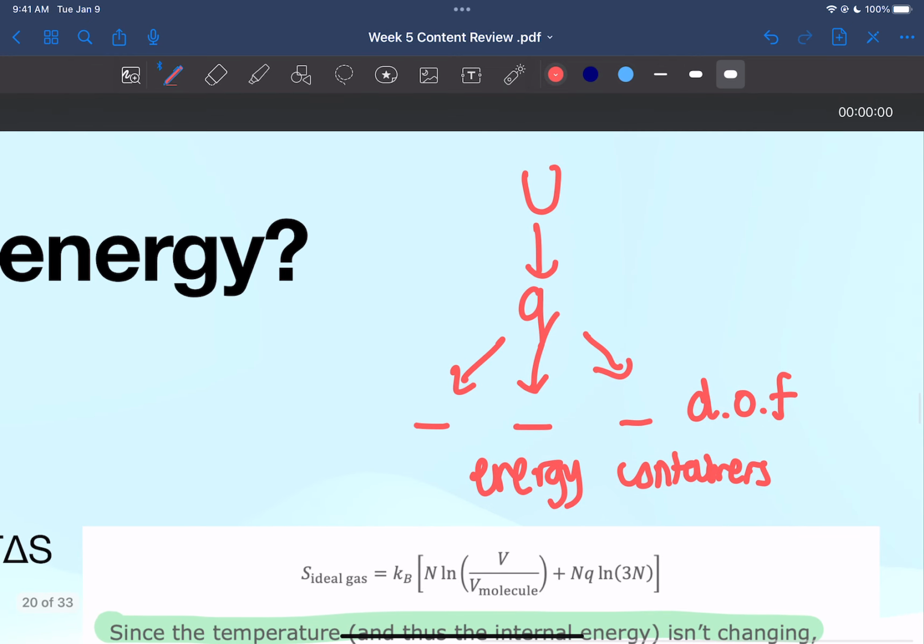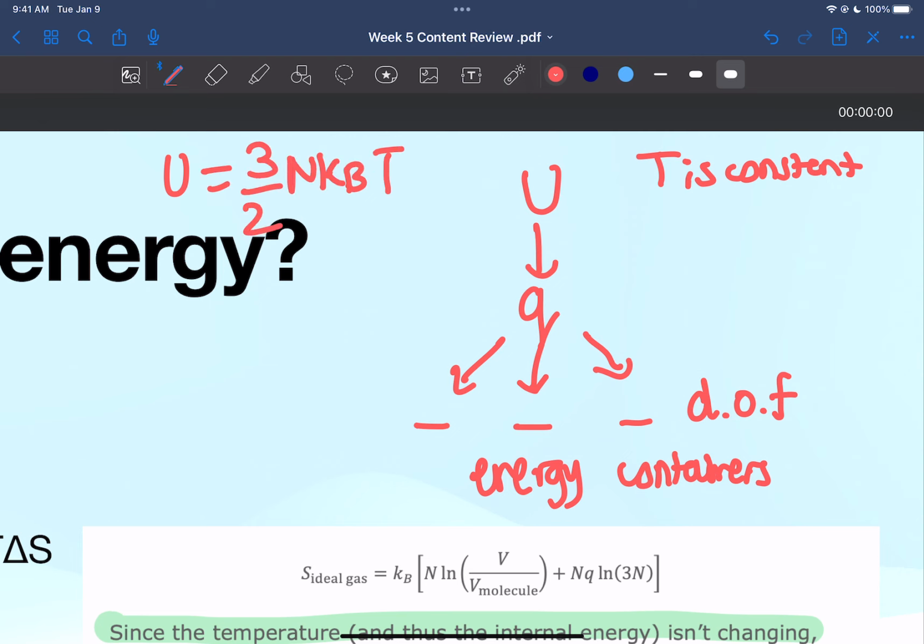Now, in Helmholtz free energy processes, temperature is constant. U is defined as 3/2 NkBT, for an ideal gas at least, so internal energy is solely dependent on temperature. If the temperature is not changing, your total internal energy is not changing either.